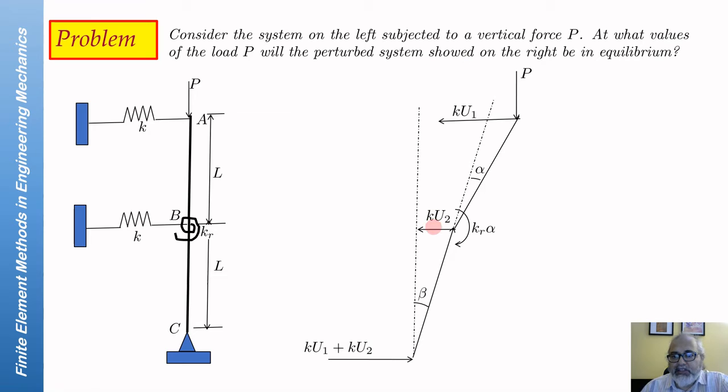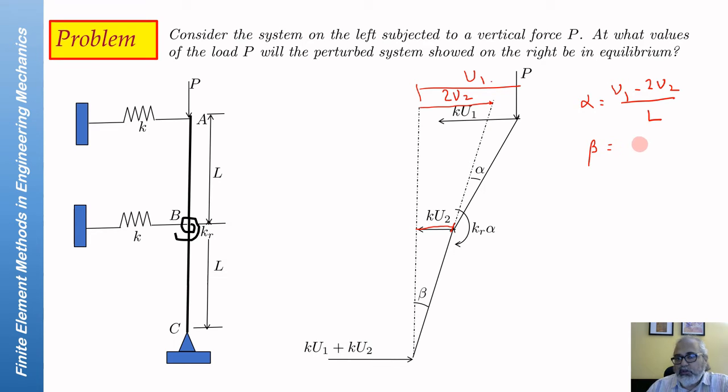Again, if this distance is u2, then this distance is 2u2. This whole distance is u1. So alpha is equal to (u1 minus 2u2) by L, whereas beta is equal to u2 by L, provided that alpha and beta are small angles.